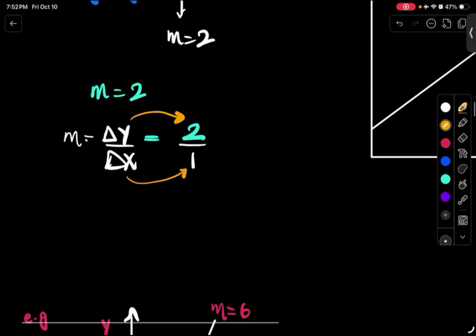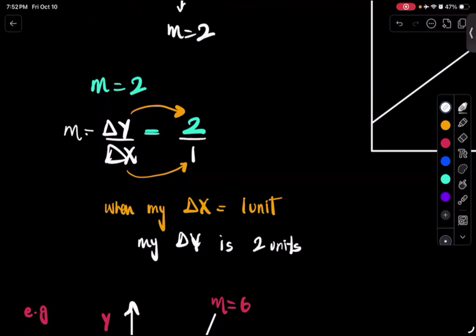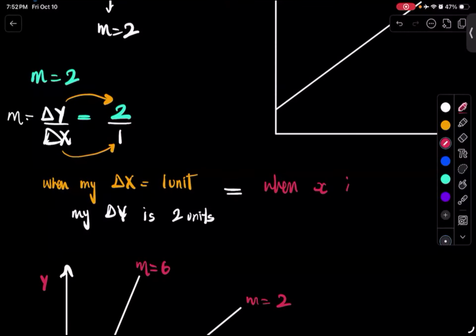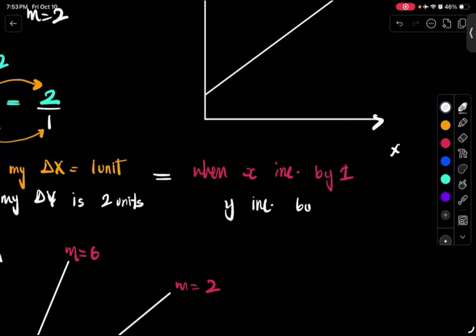All this is telling me is that when my change in x is 1 unit, that means my change in y is 2 units. That's what the gradient means. It's also equal to saying that when x increases by 1, my y increases by 2.